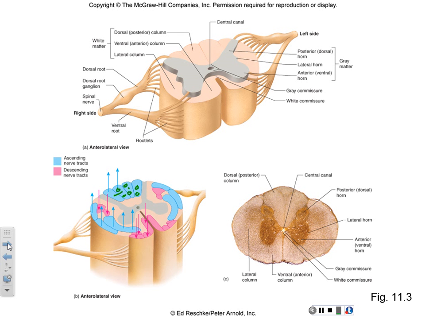And of course, the descending ones are red because they're motor. They're carrying information to cause something to do something, so that's why they're red. So motor, doing something, okay, and that's that. And you can see the rootlets combine to form the ventral and the dorsal roots, which then combine to form the spinal nerve. And I think that's a cross section.